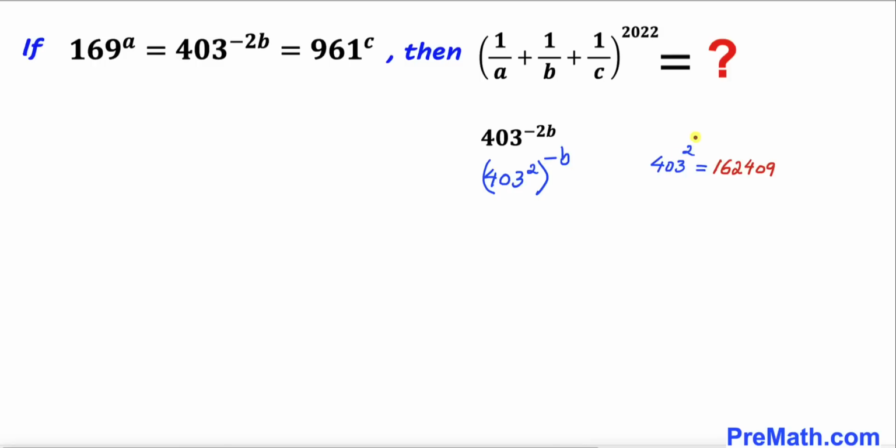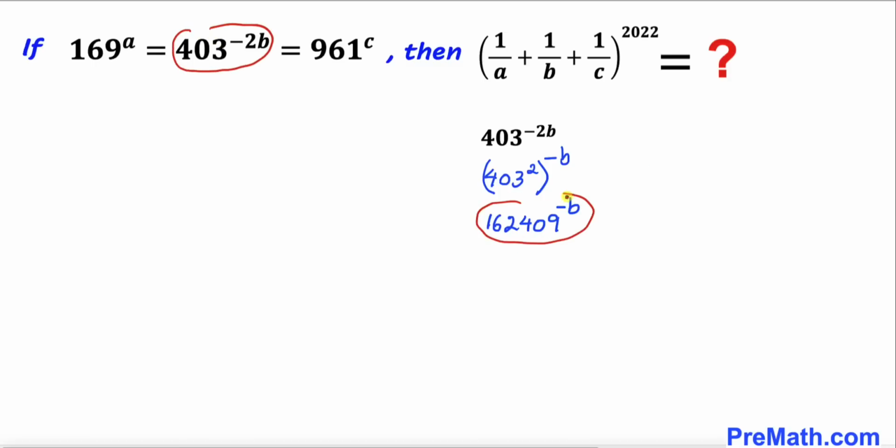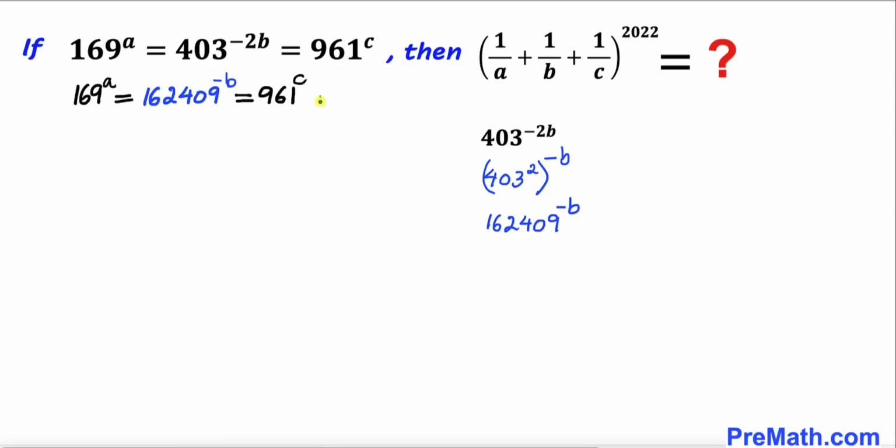Now we know that 403 squared equals 162,409. So we can write this as 162,409 power negative b. We can replace this part by this simplified form, as you can see in this next equation.